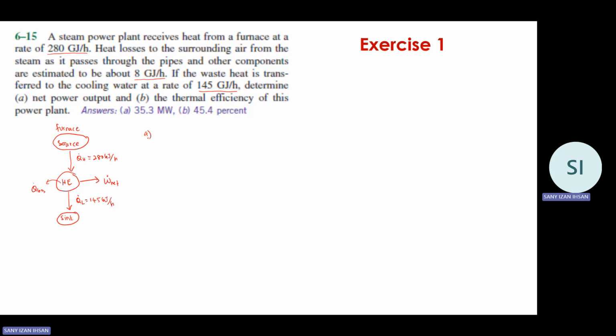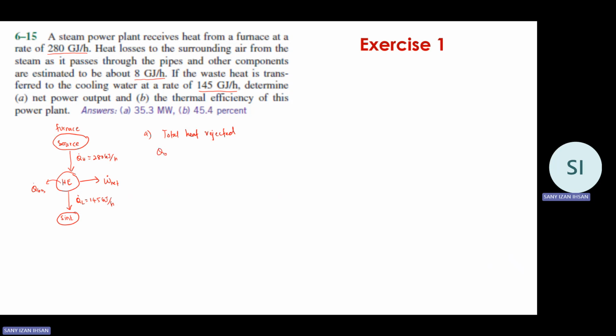So the first part is to find the net power output. If you refer to this system, you can see that the total heat rejected from the system has two parts. One is due to the loss and the other one to the sink.